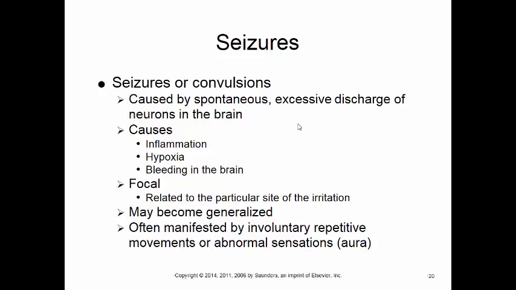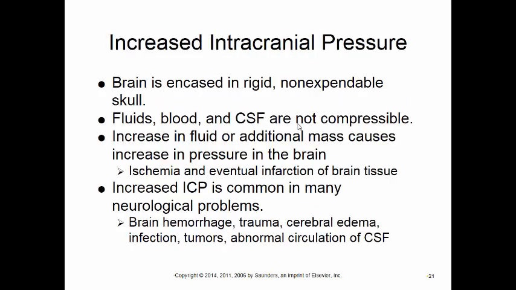There can be focal ones that only affect a particular site, or they can be generalized and spread throughout the whole entire brain. They're often manifested by involuntary repetitive motions. Seizures can be through the whole body, or they could just be the eyes flickering, or abnormal sensations that are felt. So seizures can show different signs.